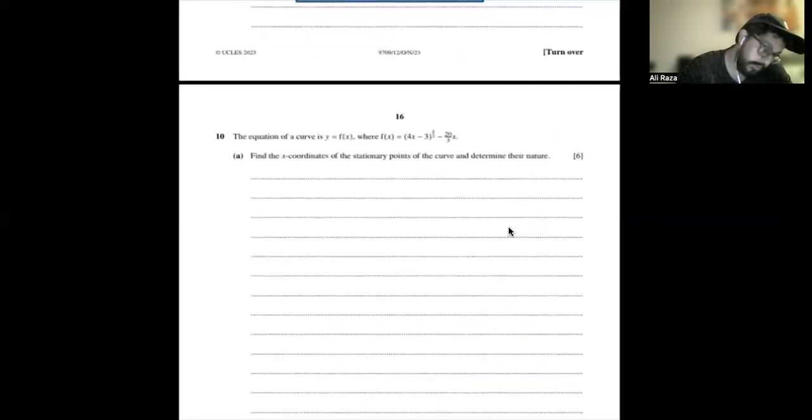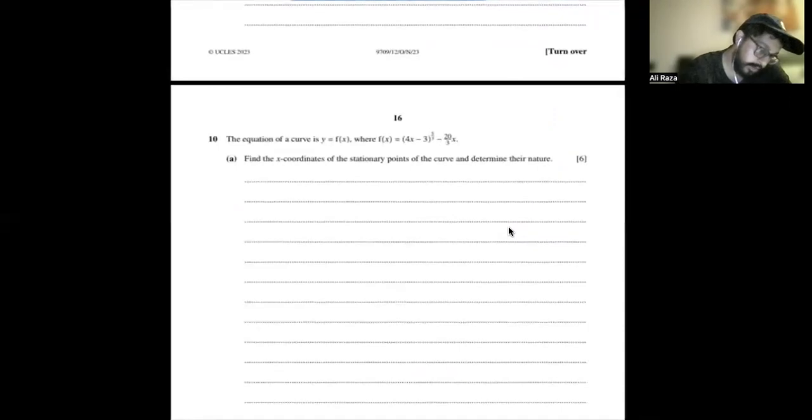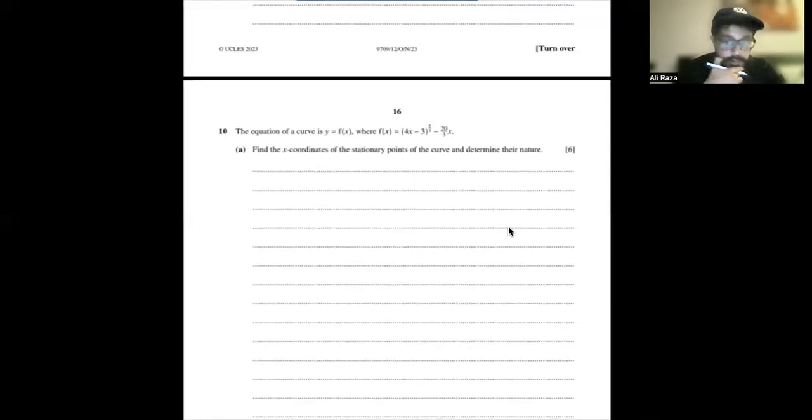In question 10, we're given the equation of a curve. We need to find the x-coordinates of the stationary point and determine its nature. So we'll differentiate this.